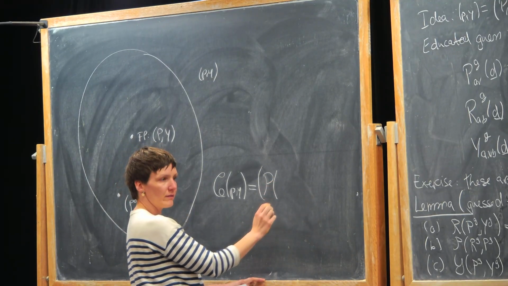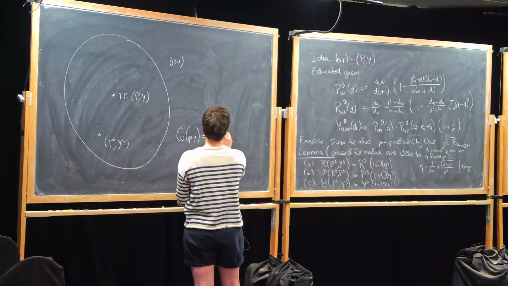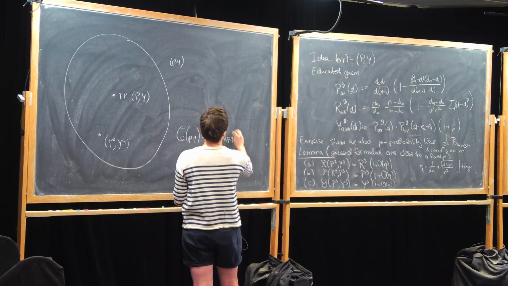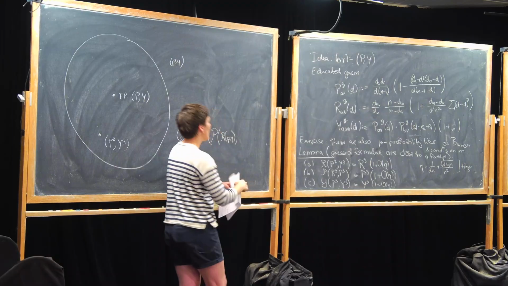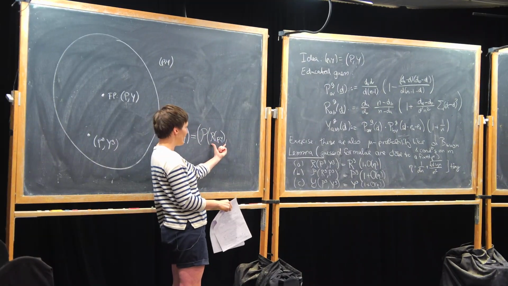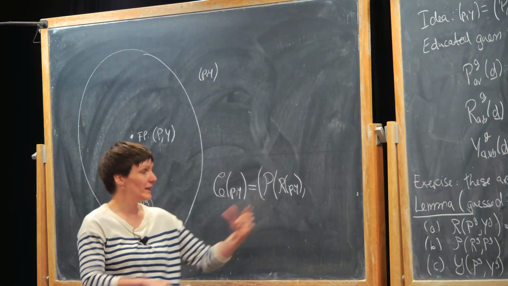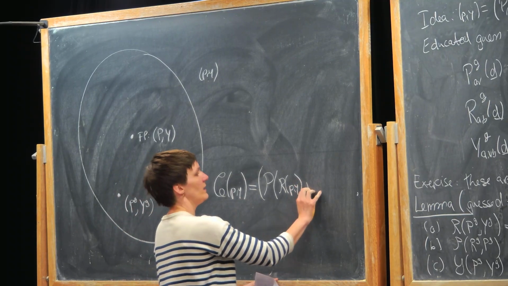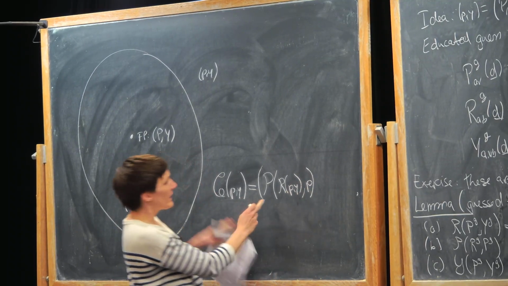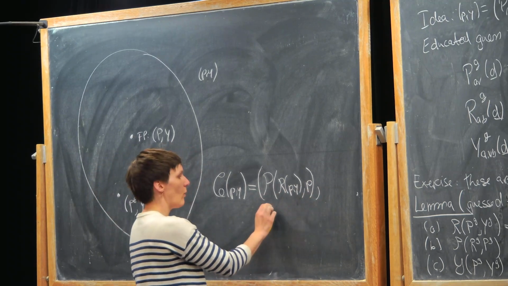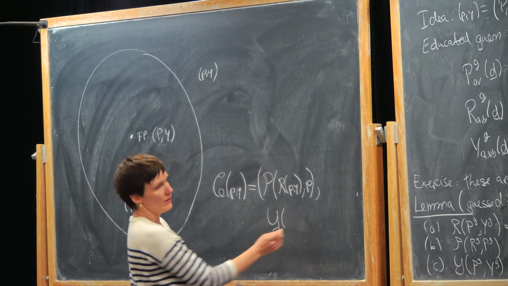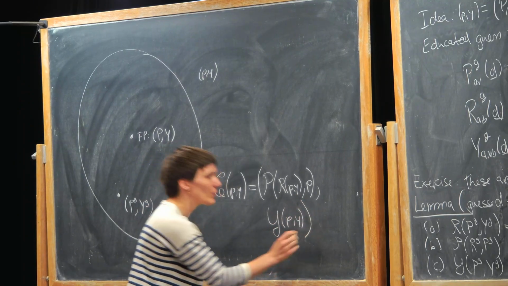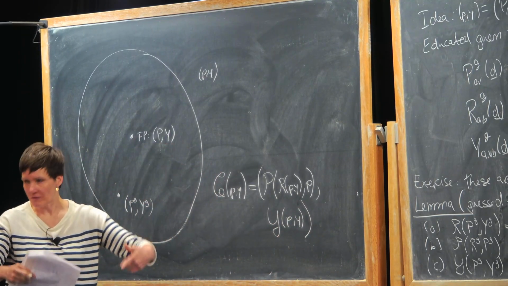I'm applying my operator R to (P, Y), and I use this as my first argument in P, and my second argument is just my P. And my second output should be a Y function, so that's a Y on just (P, Y). So that's just formalizing doing one after the other.